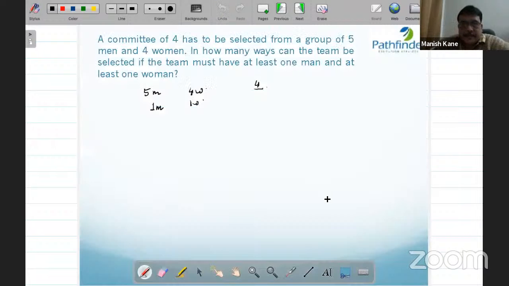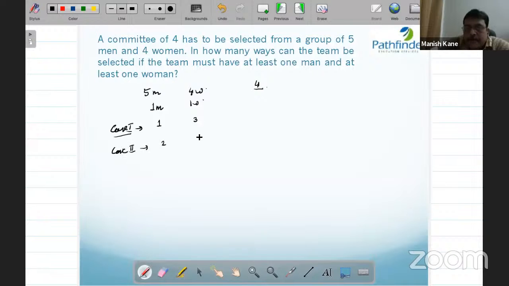So with this in mind, let us look at our question. Now in our question, case 1: one man is mandatory, compulsory. So the minimum I can have is one man. So one man, then there must be three women. This is case 1. What about case 2?